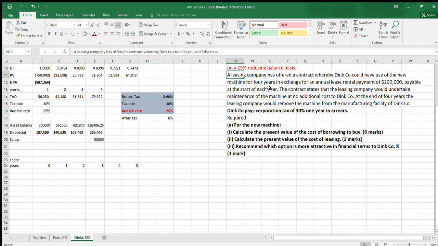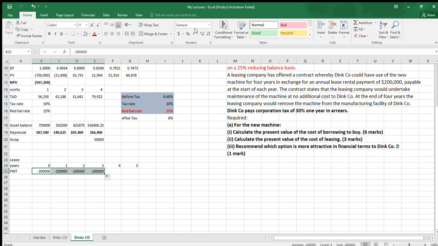So the lease payment is $200,000, which is a negative figure, up to year 3.